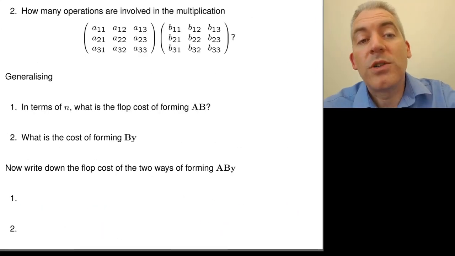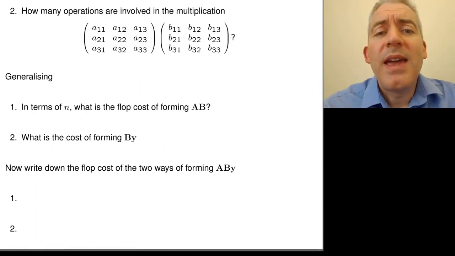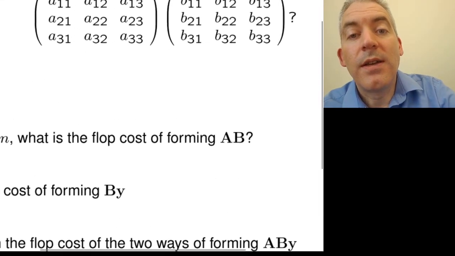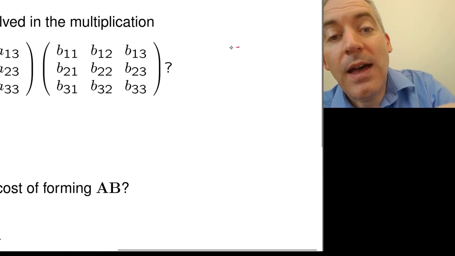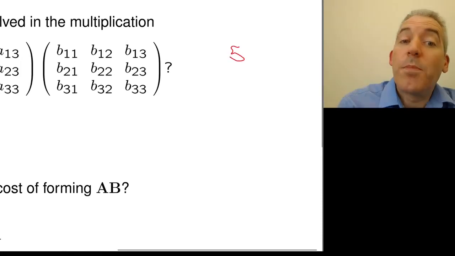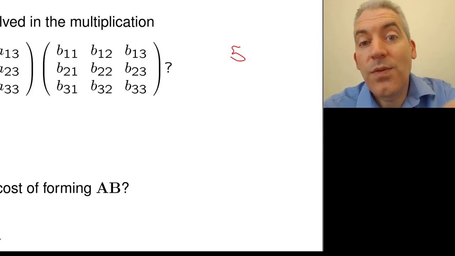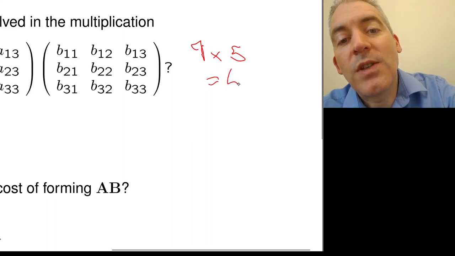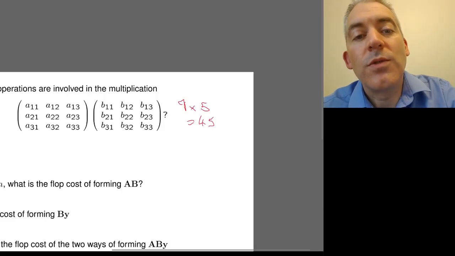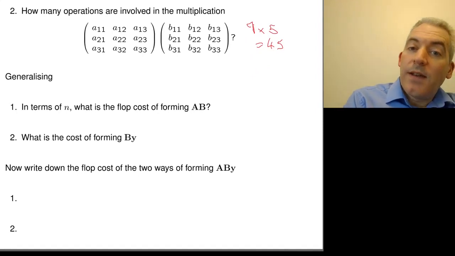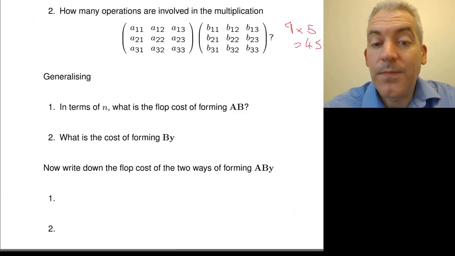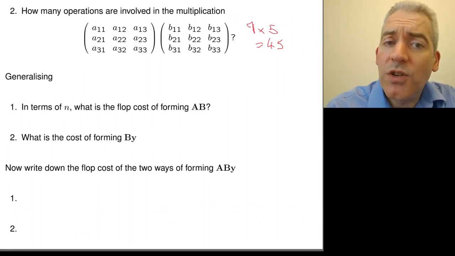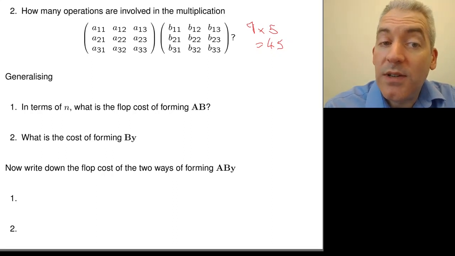Whereas if we think about the matrix-matrix product, each element of the output again involves 3 plus 2, i.e. 5 operations, but now there are 3 squared, or 9 elements in the output, so that's going to give us 45 floating point operations. So it's 45 versus 15. We can see that the matrix-matrix product involves more floating point operations than the matrix-vector product.